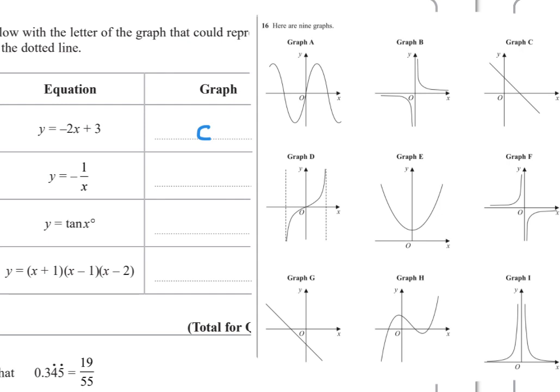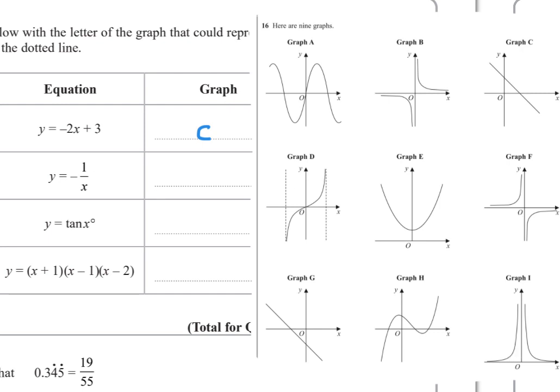Now the next one, y equals negative 1 over x, this is a rational function. When x is 0, the function is undefined. And when x is positive, y is negative, and when x is negative, y is positive. So the functions which are not defined at 0 are this one, this one, and that one.